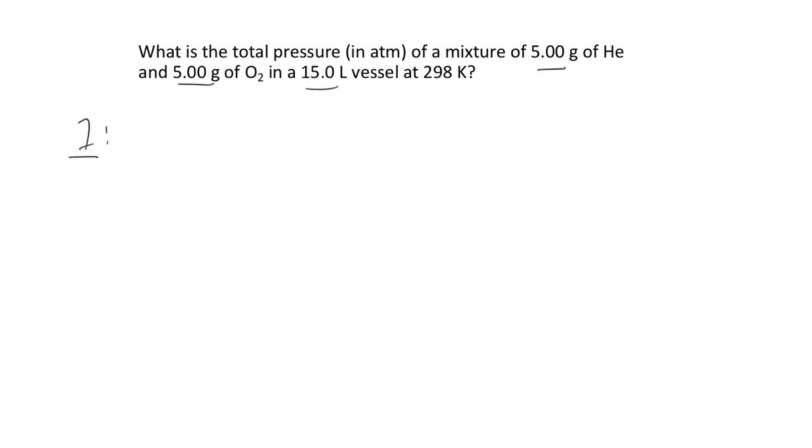Way one: our total pressure should be equal to the partial pressure of helium plus the partial pressure of O2. And then we could calculate those two individual partial pressures as if the other wasn't there. So the partial pressure of helium would be equal to nRT divided by V, but for helium.